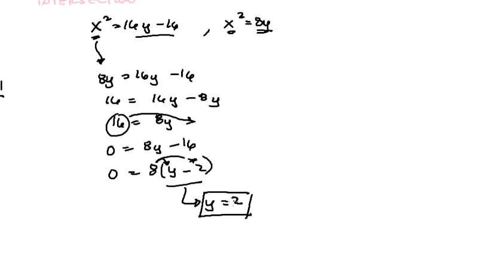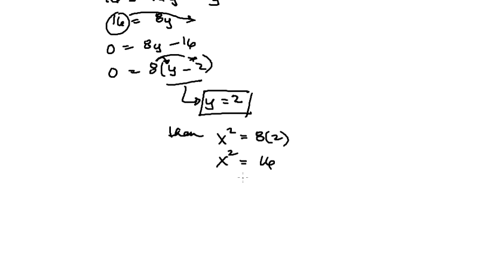If y is equal to 2, then our x squared is equal to 8 times 2, so we have 16. X squared is just equal to 16, and to get the value of x, we need to find the square root of 16, which is equal to positive or negative 4.